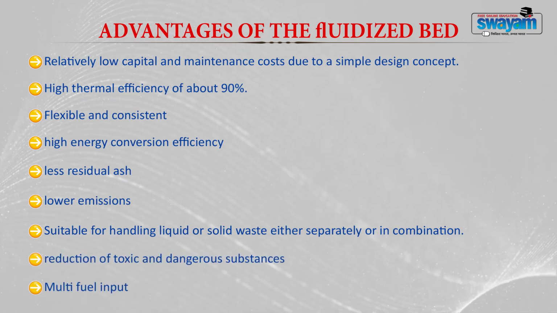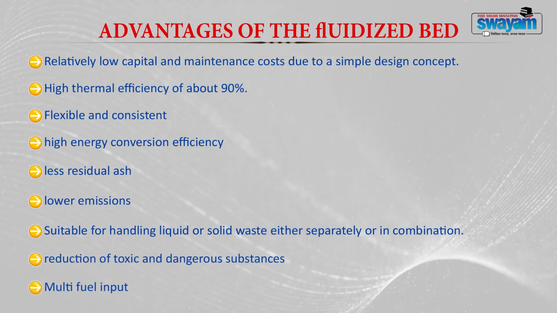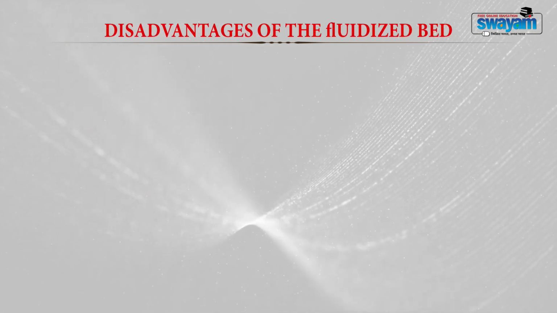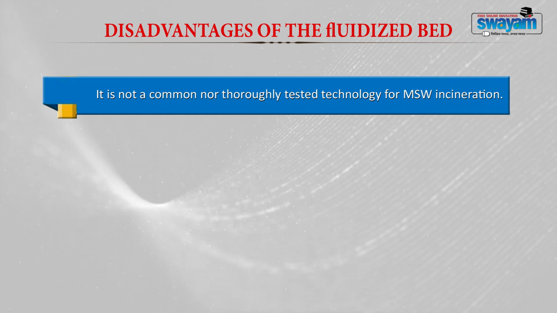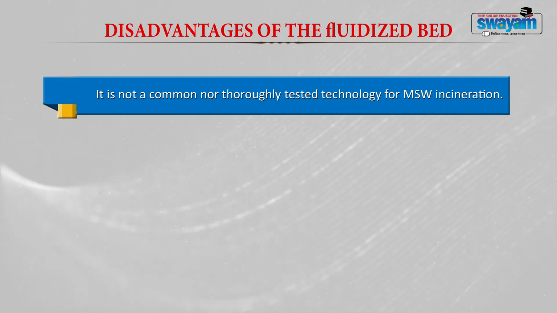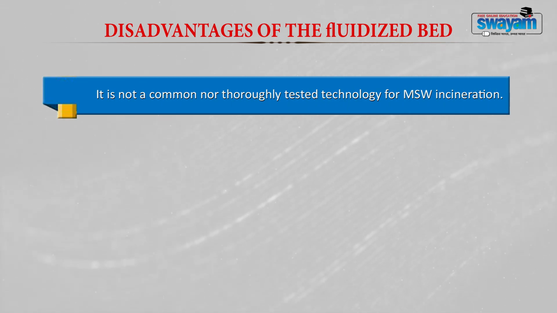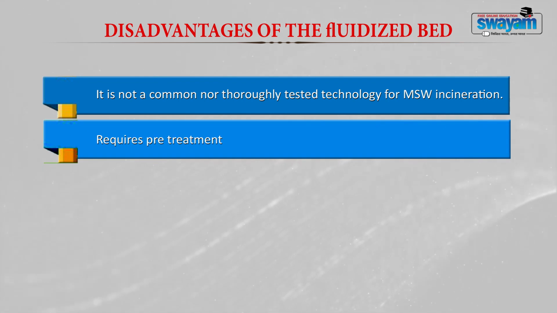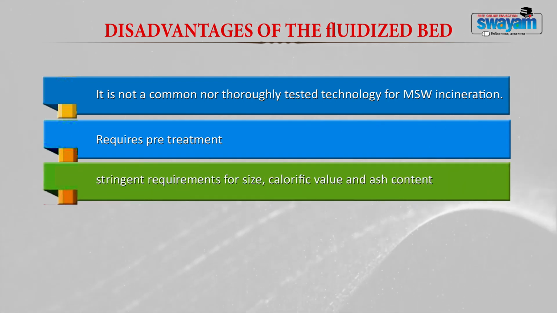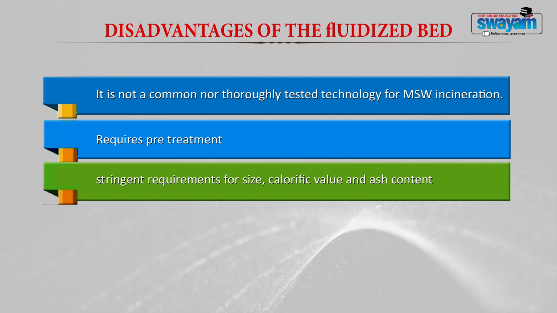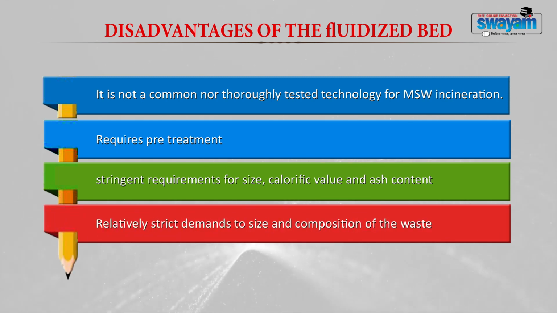They reduce toxic and dangerous substances. If you talk about the disadvantages, this type of incineration process is not very common and not popularly used. They require pre-treatment, they have stringent requirements for size, calorific value and ash content. They are relatively strict and they demand a certain size and composition of the waste.